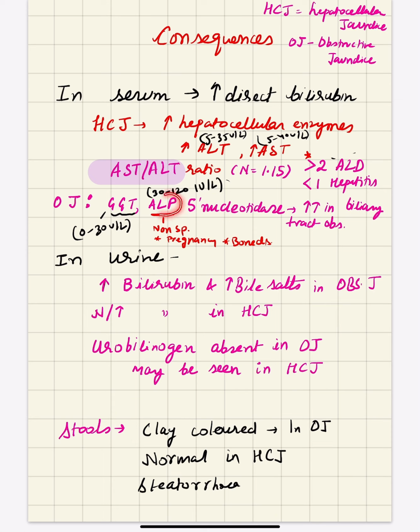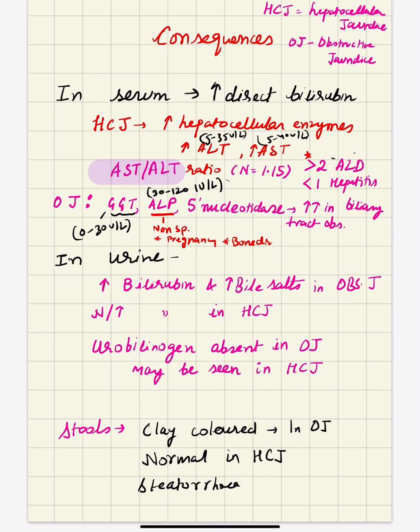Now, alkaline phosphatase, though a useful enzyme marker, is non-specific because it will also be increased in certain bone diseases and in pregnancy. So we use 5-nucleotidase as a surrogate marker for ALP. If ALP is increased and 5-nucleotidase is also increased, we can infer that it is because of biliary tract obstruction.